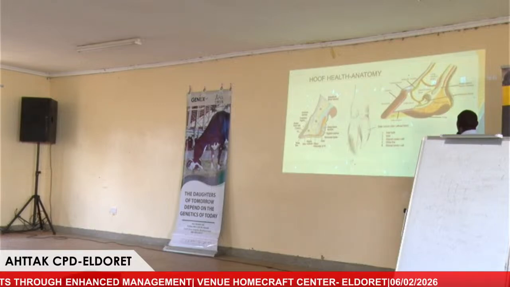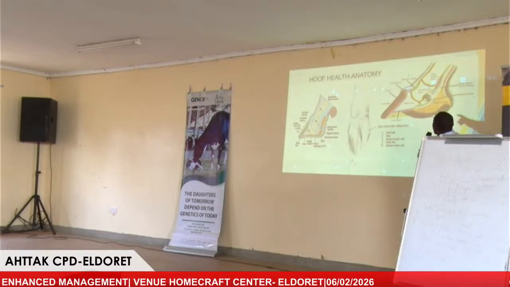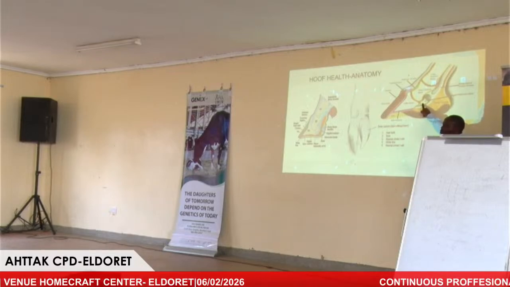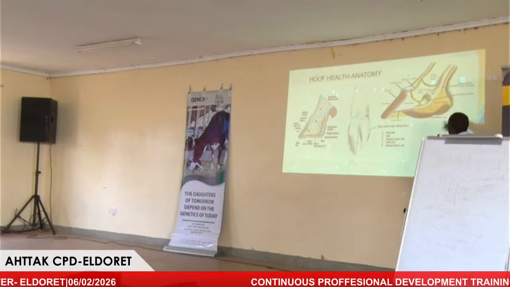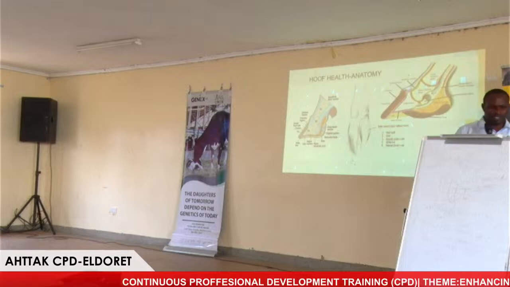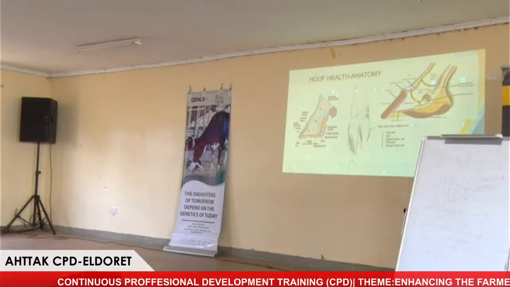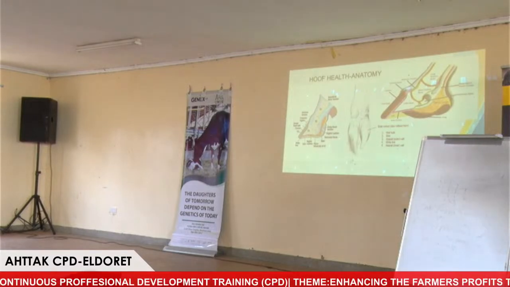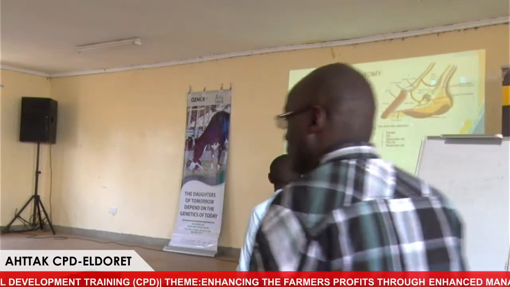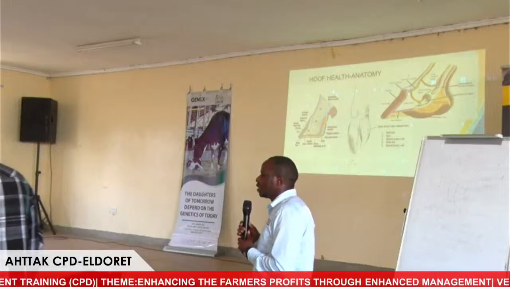There is also something else I wanted to talk about: the sesamoid, or what you call the navicular bone. What is its function? It is small, but it has a very important role in the hoof of an animal.